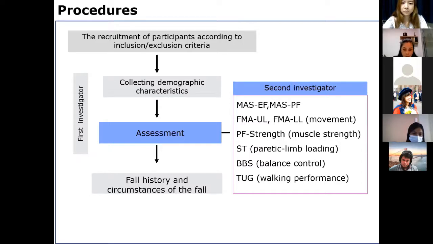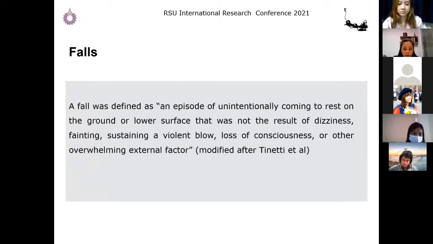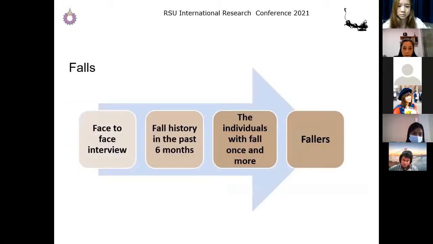of the assessment. Fall data include the number of falls at home in the previous 6 months, and a fall was defined as an event of unintentional coming to rest on the ground or lower surface that was not the result of a dyspnea or other overwhelming external factor.